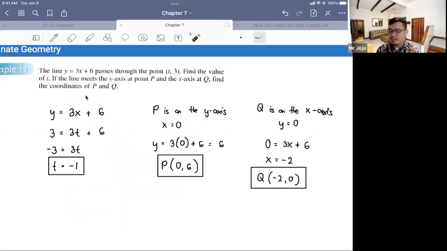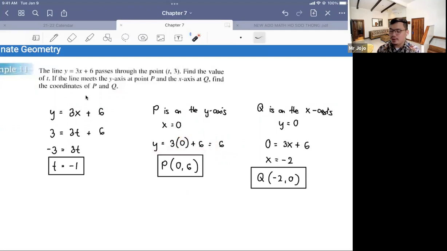So for point P, which is lying on the y-axis, its x value is 0. From here, using the same equation of the line, because it's the same line, x becomes 0, giving your y value as 6. So point P is at (0, 6).